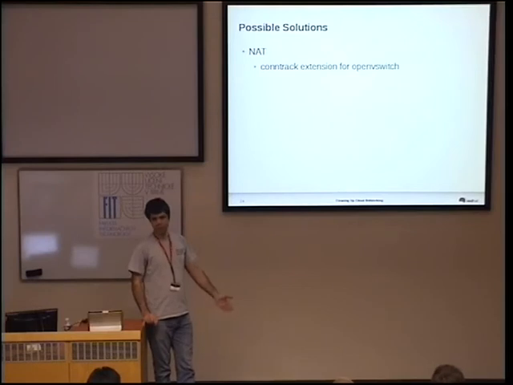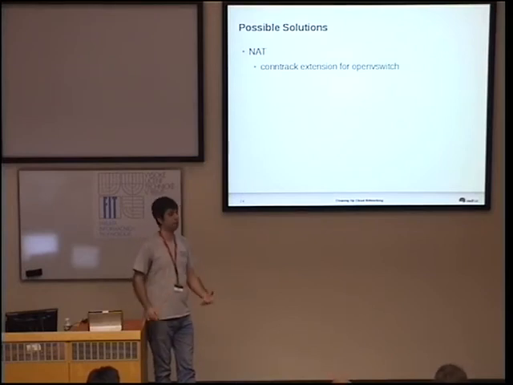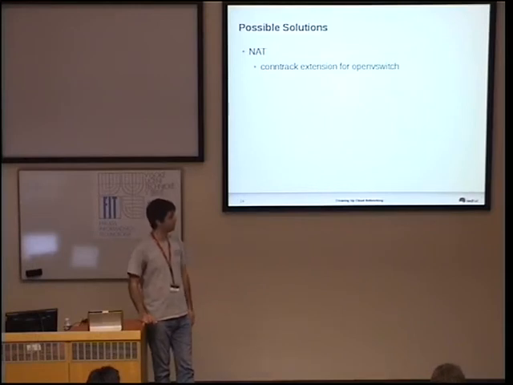Next problem, network address translation. What I was talking about on the previous slide, the firewalling, was mostly stateless. You filter on destination ports and IP addresses and so on. For network address translation, you need a stateful firewall, meaning you track connections.